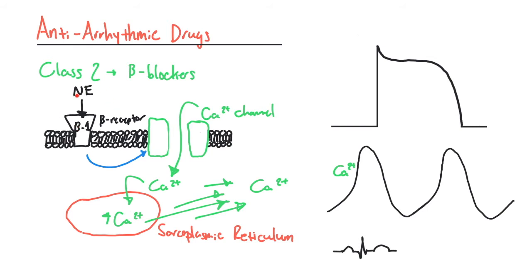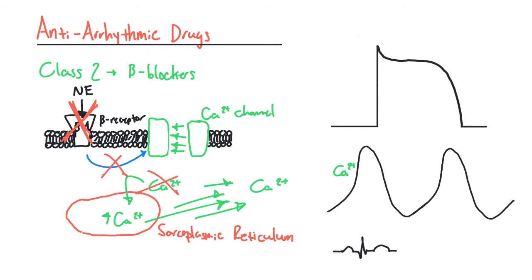Now that we've reviewed that, we can understand why a blockade of these beta 1 receptors works. If we have a beta blocker come in here, it's going to inhibit norepinephrine from binding to this beta 1 receptor. We will then not have this intracellular signaling. The calcium channel will close.